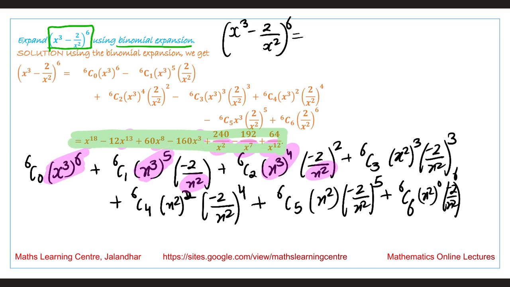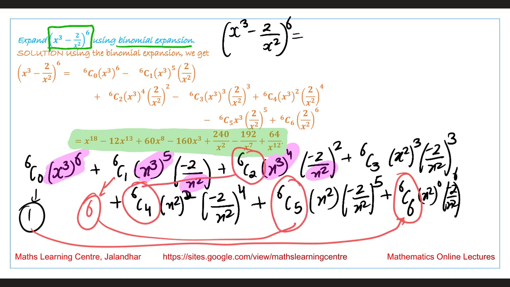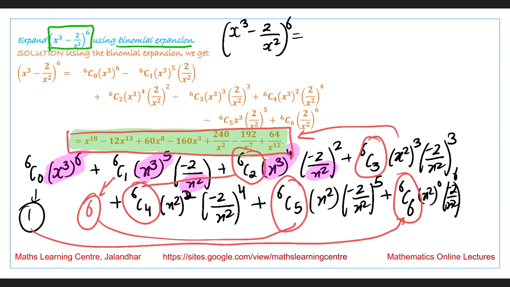When you simplify these values and substitute the values of 6c0, which is equal to 1, 6c1, which is equal to 6, similarly 6c6 and 6c5, 6c2 and 6c4 will be equal, and we will have the value of 6c3. You substitute all these values and you will obtain the final answer in this form.